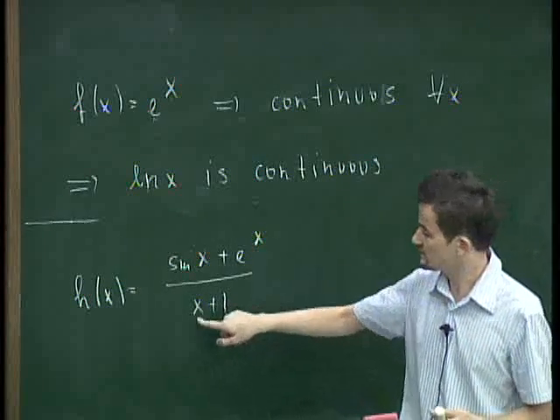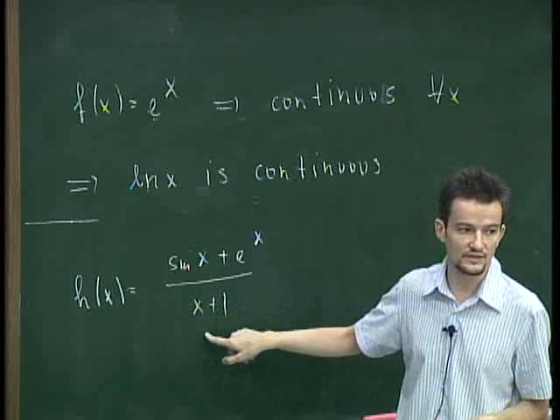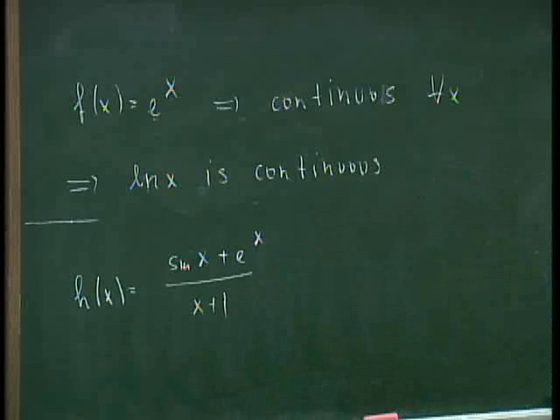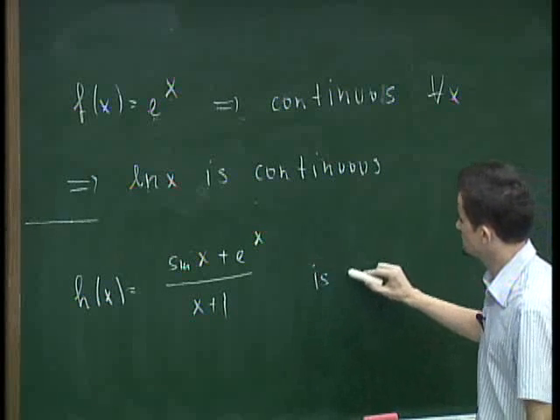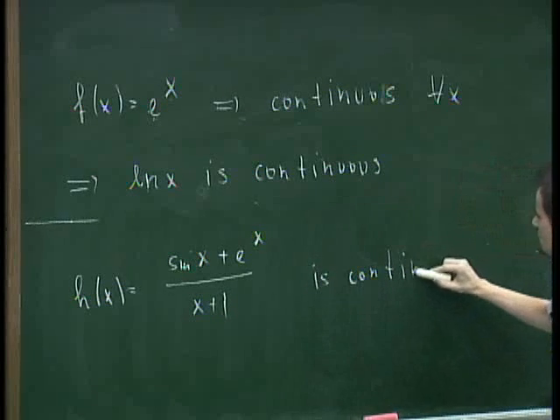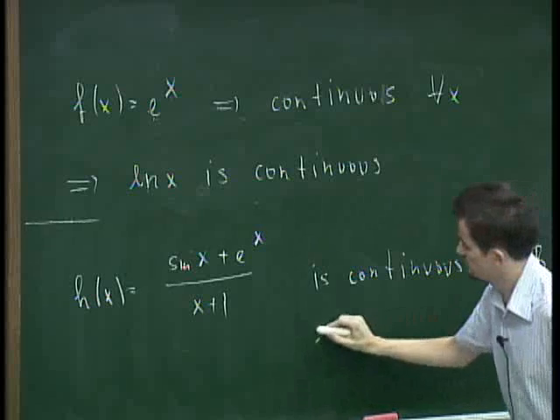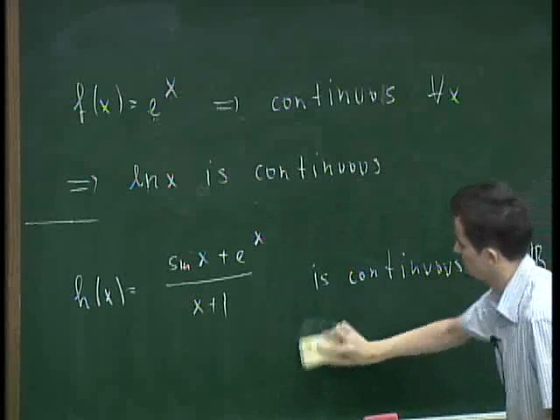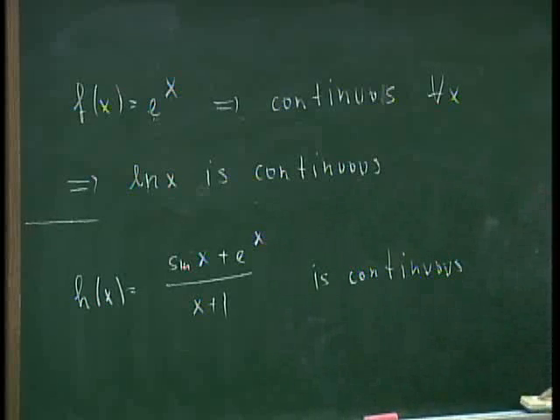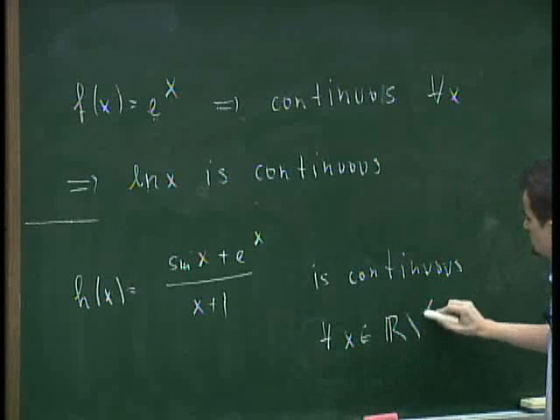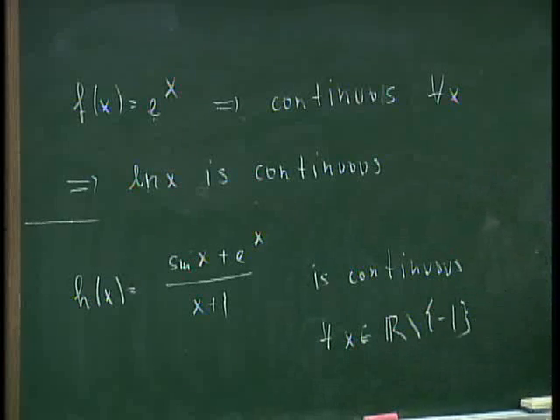So only the point x equal to -1 is a problem here, okay? So from this theorem in our textbook, we see that this function is continuous for all x in R except, actually, I shouldn't write it like this, I write for all x in R without -1.